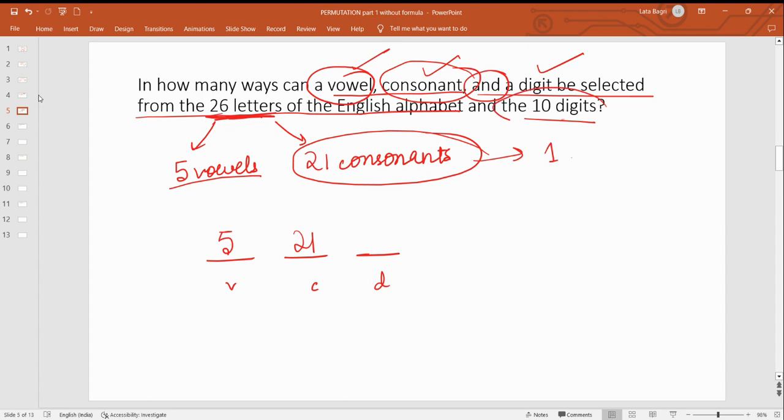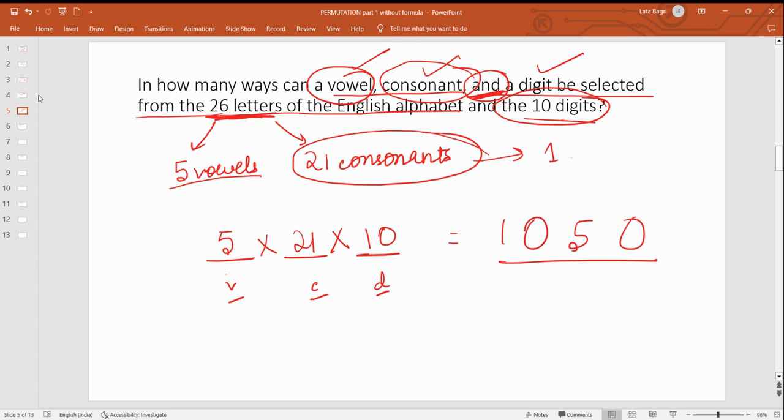Out of those 10 digits, I have to select only one digit, so I can do it in 10 ways. Look over here, there is an "and": I have to select a vowel, a consonant, and also a digit. So I have to multiply them, and whatever your answer will be, that will be the answer.